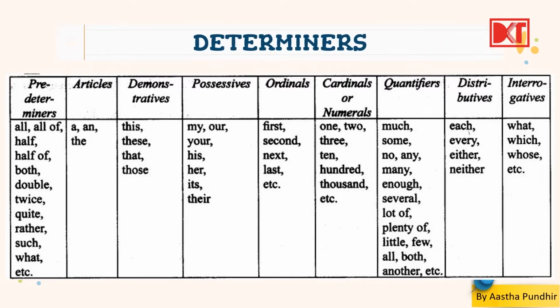Okay, so determiners, as I said, is like a tree. And this tree has so many branches. Like we have predeterminers, articles, demonstratives, possessives, ordinals, cardinals and numerals, quantifiers, distributives, and interrogatives. So determiners is this tree which has so many branches, and we'll be understanding all of them one by one.